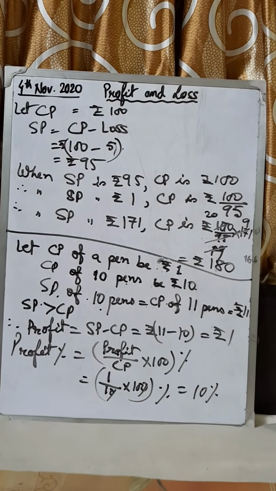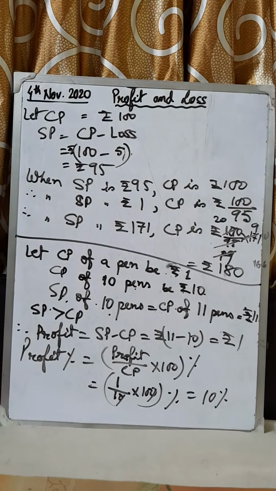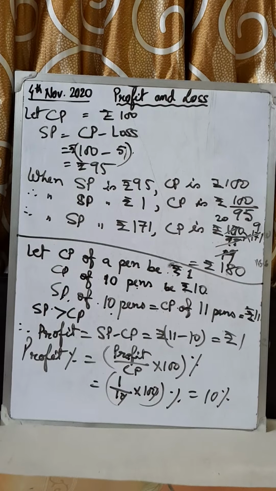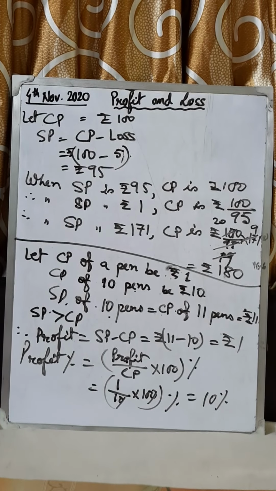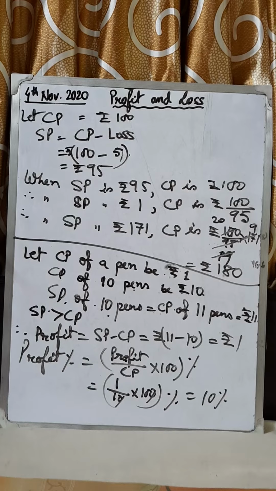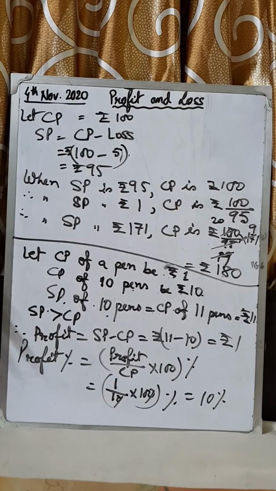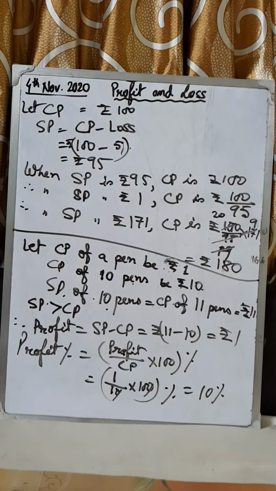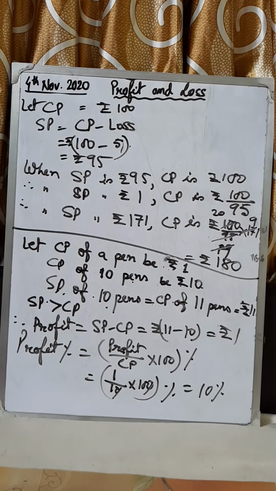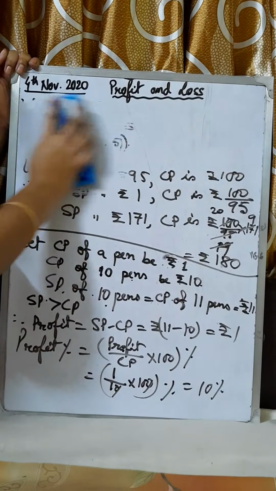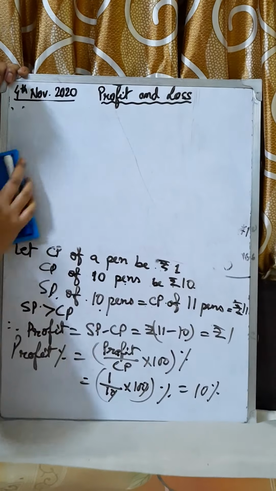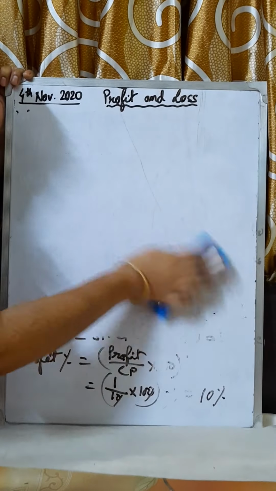Lemons are bought 3 for rupees 2 and sold 2 for rupees 3. Okay. 3 lemons cost price is rupees 2 and 2 lemons selling price is rupees 3. Find the profit percentage. Now see how to solve it. First, you have to find the cost price of 1 lemon and selling price of 1 lemon.